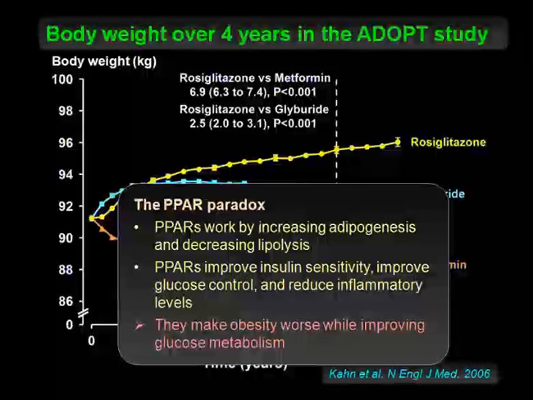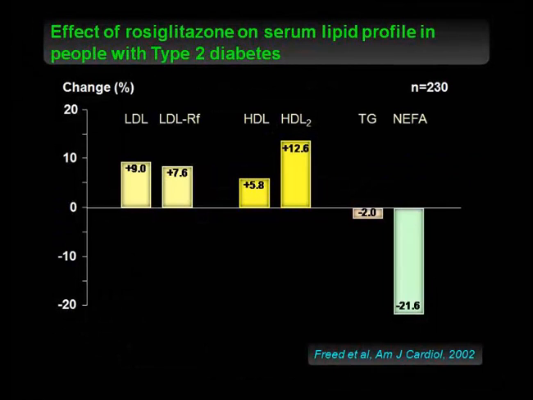And basically they do that because they stimulate peripheral adipogenesis, they decrease peripheral lipolysis, and make the obesity worse by moving the calories into the periphery away from the liver. So the liver no longer has to cope with the same excess calorie load as previously.